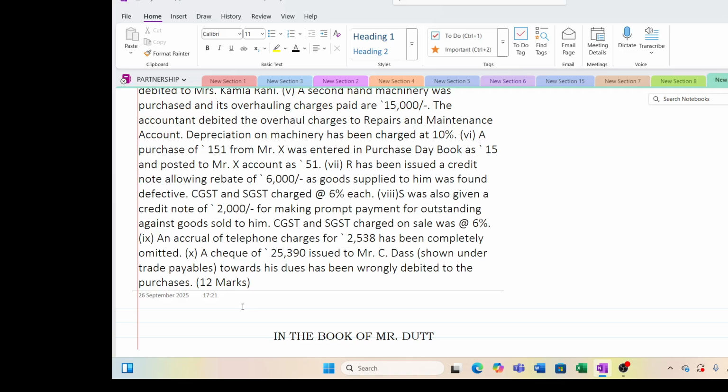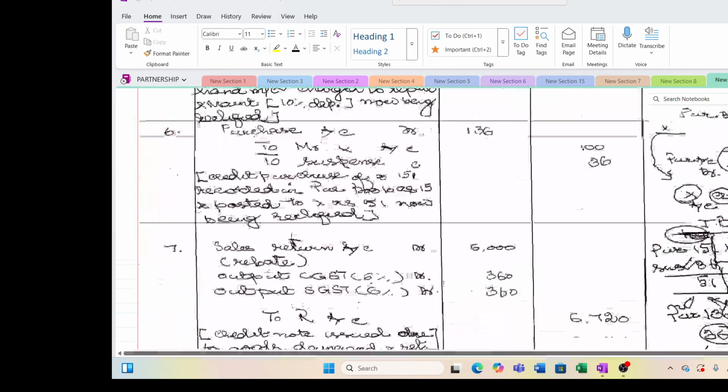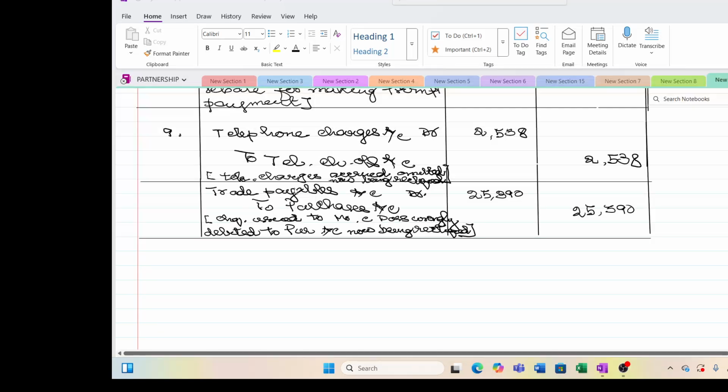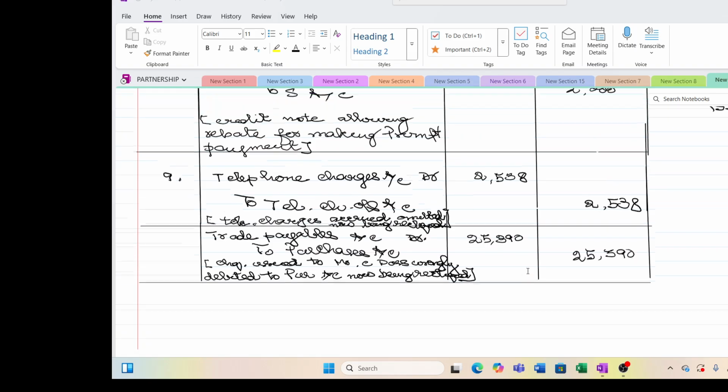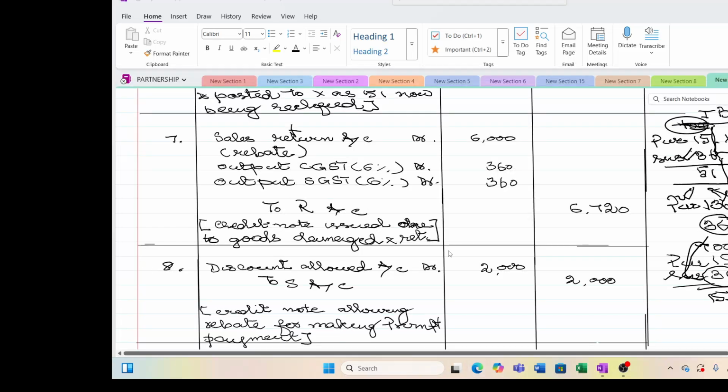Now credit the purchases account and do the correct entry. So what is the correct entry? We have made payment to Das's account. Das's account has to be debited, or you debit trade payable account as you wish. So it's also a simple entry: either trade payable account, you can write in the bracket Das account, debit to purchases account. Hope it's clear.